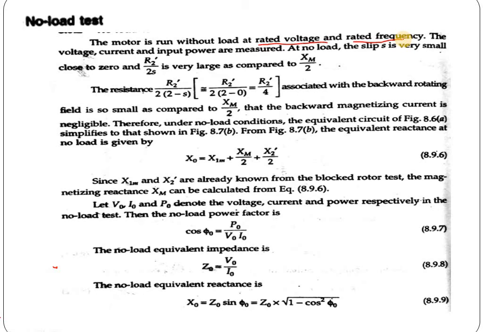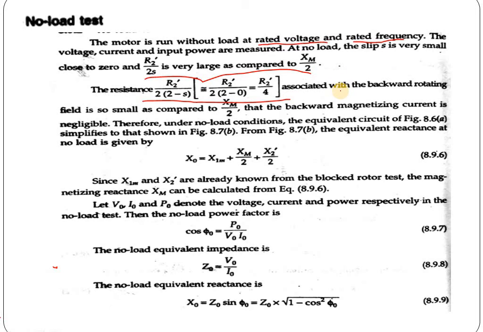At no load the slip S is very small, close to 0, and R2 dash by 2S is very large compared to Xm by 2. The resistance R2 dash by 2 into 2 minus S, which equals R2 dash by 2 into 2 minus 0, since slip equals 0, so it becomes R2 dash by 4.